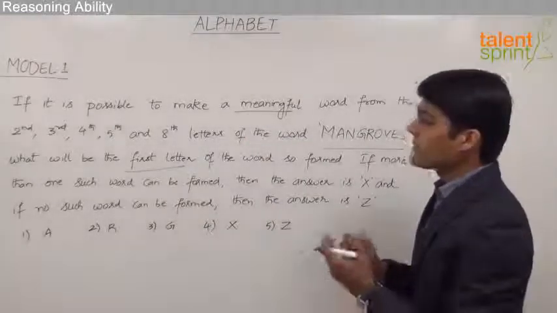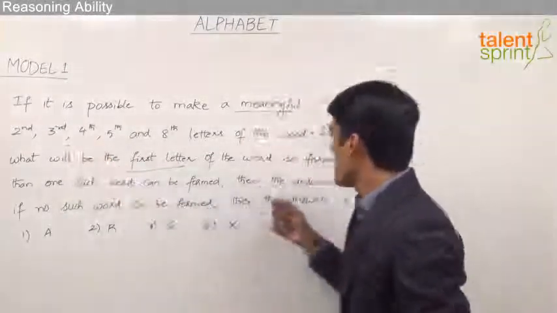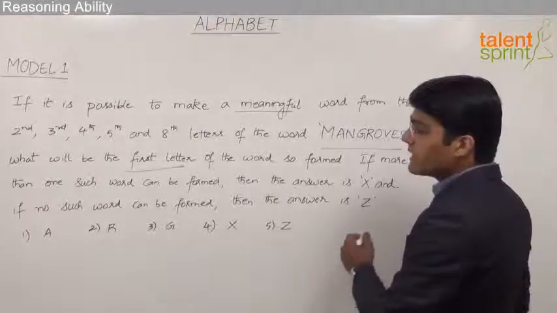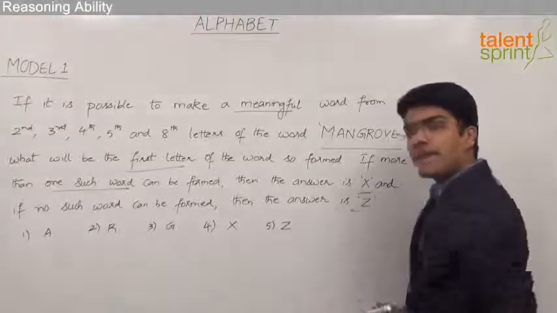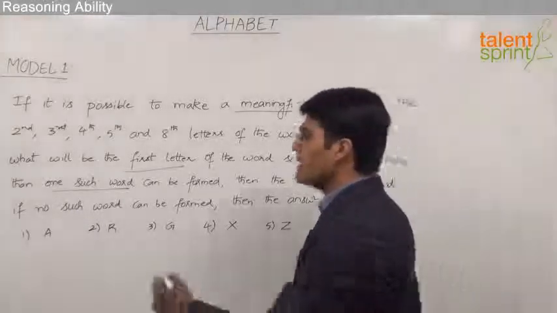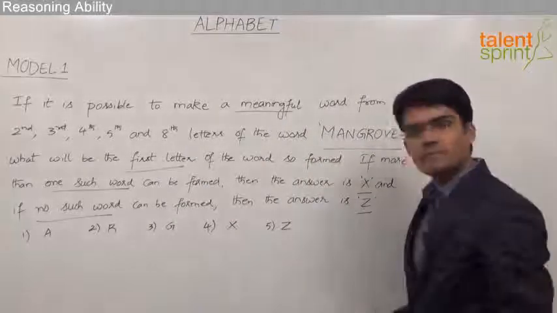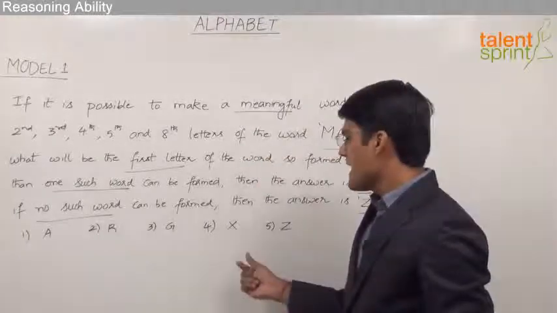So here we are supposed to make meaningful words from these mentioned letters of the given word mangroves. If more than one word can be formed, then the answer should be X. And if no meaningful word can be formed, then the answer has to be Z. And the given options are A, R, G, X and Z.